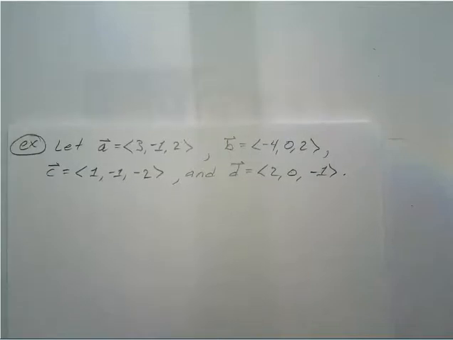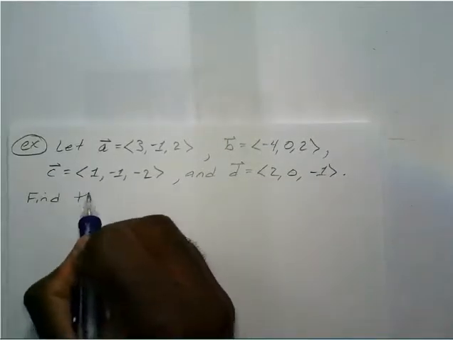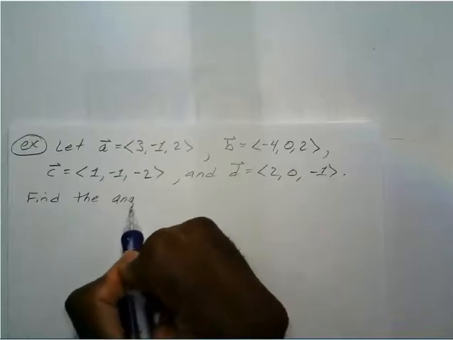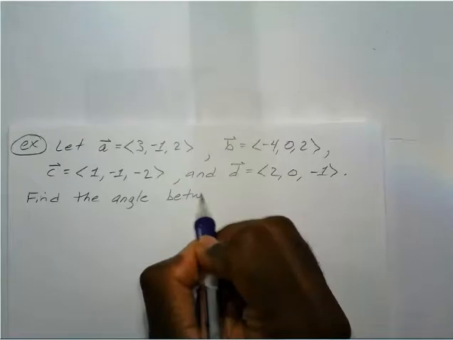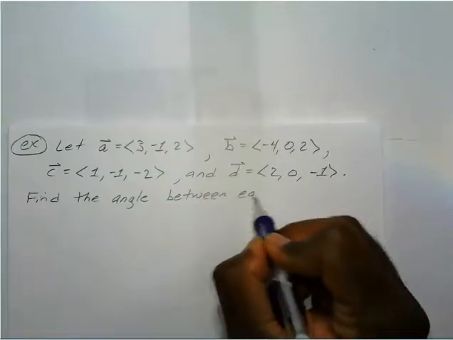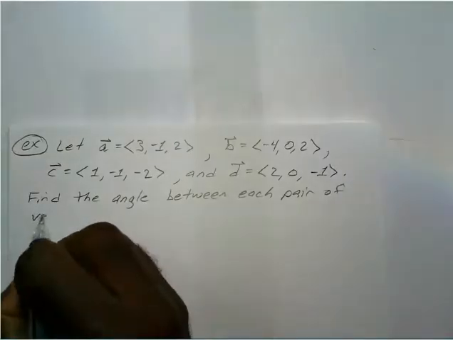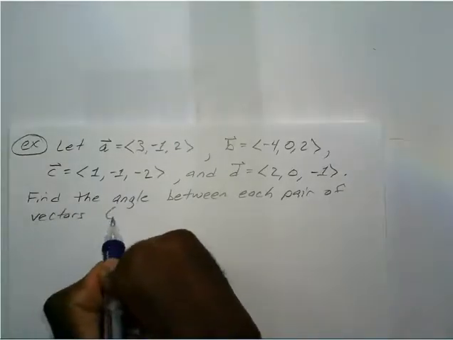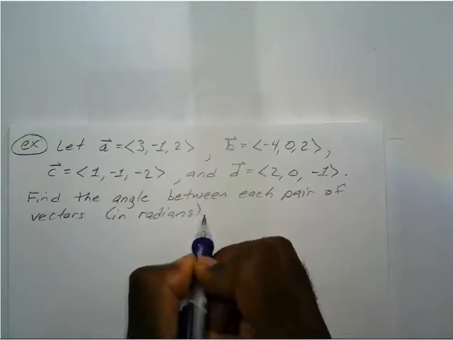Okay, so what I want you to do is find the angle between each pair of vectors, and we want that in radians, not degrees this time, so in radians.